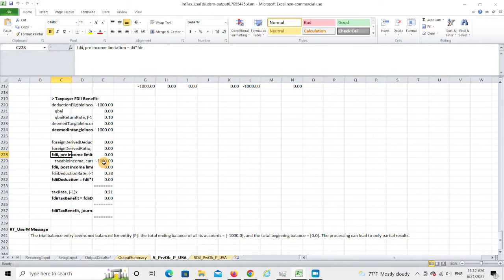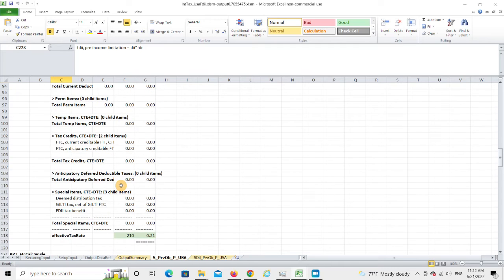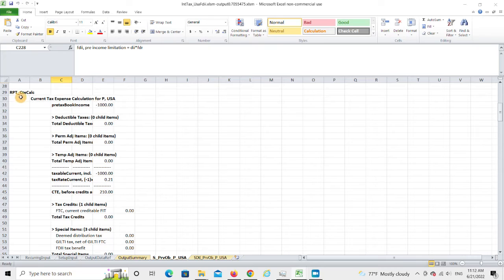When you have 0 income, a portion of it is still 0, so the deduction is 0, and therefore the tax benefit from that deduction is 0. So that's why we get early on the FDII deduction tax benefit of 0 in our current tax calculation.